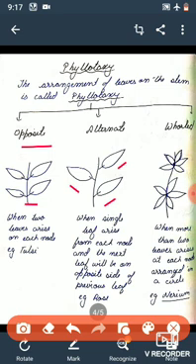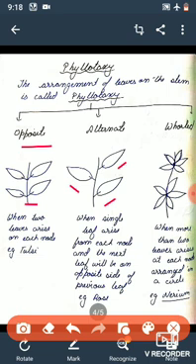Okay. Now the whorl phalotaxy. In this, from the node more than two leaves are arising. Okay, in this case you can see here 5 leaves are arising from the single node and they are forming a circle like structure. That type of leaf arrangement is known as whorl phalotaxy. So basically three types of phalotaxy we have studied: opposite, alternate and whorl. Opposite, from the same node, two leaves will be arising.